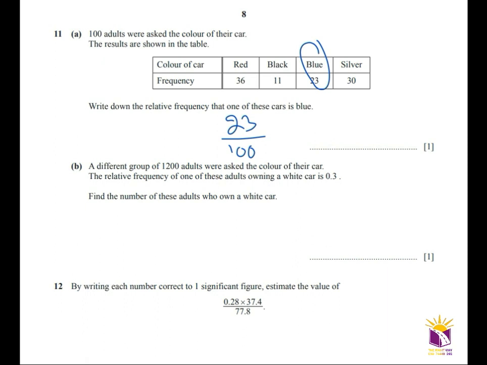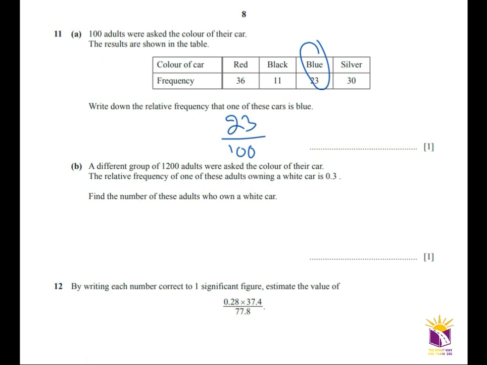So 23 by 100 is your relative frequency of the blue car. A different group of 1200 adults were asked the color of their car. The relative frequency of one of the adults owning a white car is 0.3. Find the number of these adults who own a white car.